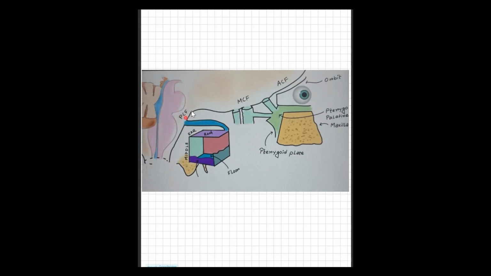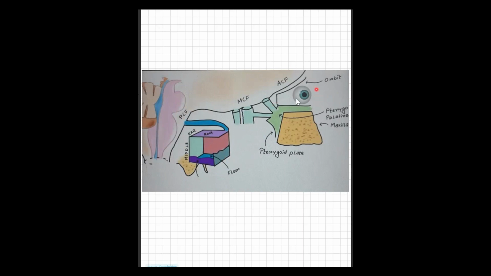The link between the posterior and middle cranial fossa is a canal, this bluish canal, called the internal auditory canal, which leads into the middle ear. This cubical structure is the middle ear, which has a roof, a posterior wall and a floor.